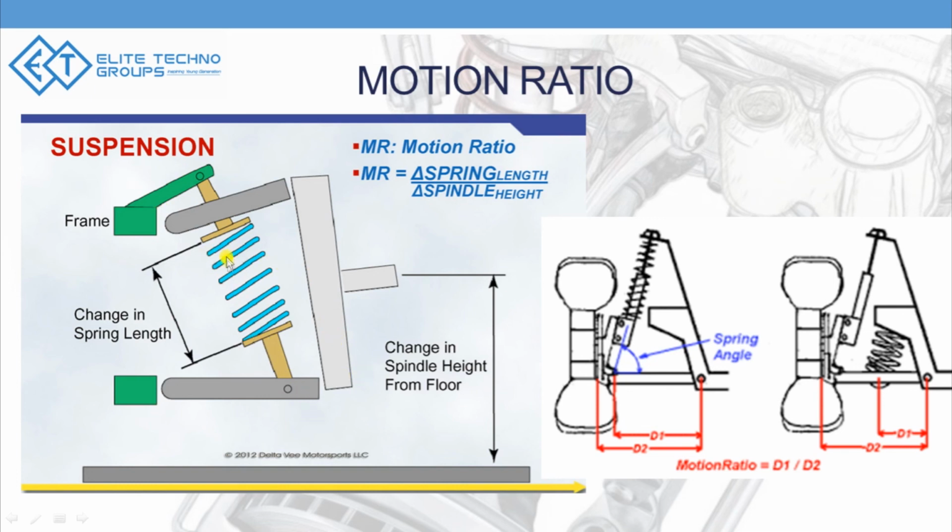So you need to calculate what the spring stiffness is. To know the spring stiffness, you need to know the motion ratio, so that you can do a backward engineering and say, okay, if I want the wheel to go up by 2 inches or 3 inches, then depending on the motion ratio, my spring is probably going to be compressed by, I think, 2.5 inches.